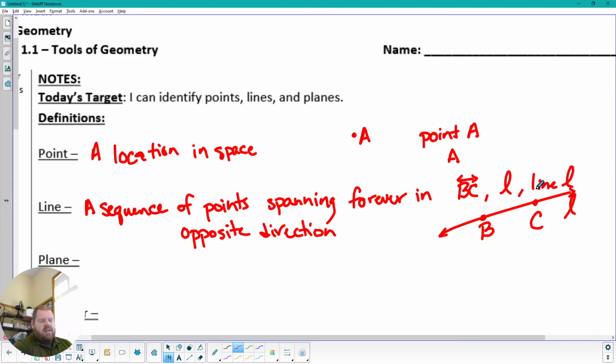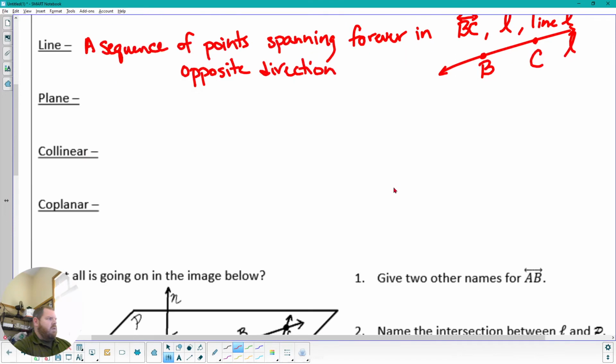You could also say line BC, but we usually like the shorthand versions a little better. They're kind of nicer, so I'm particular to those.